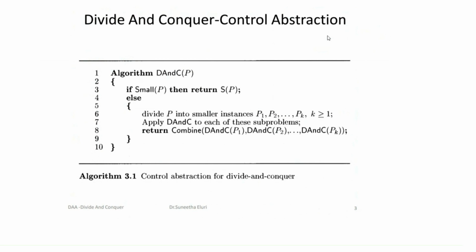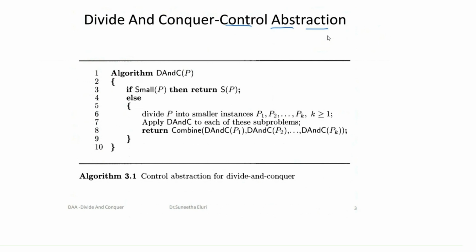So, let us consider how divide and conquer will work. Let us see the control abstraction here. Rather than saying it is an algorithm, I am saying control abstraction, which means we are describing the working principle of divide and conquer in a general, abstract, high level way, by specifying what operations we are going to use, but not specifying how these operations are going to be implemented.